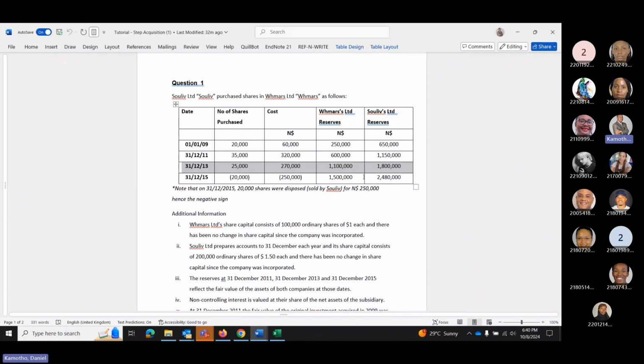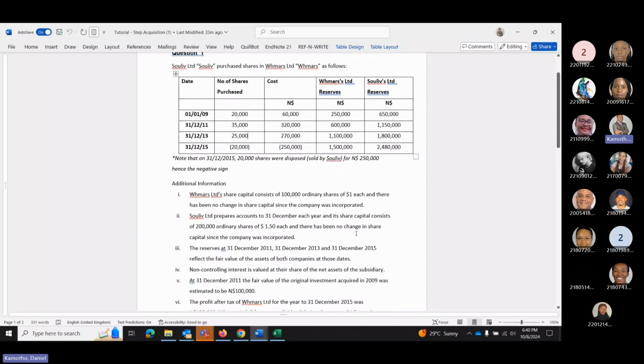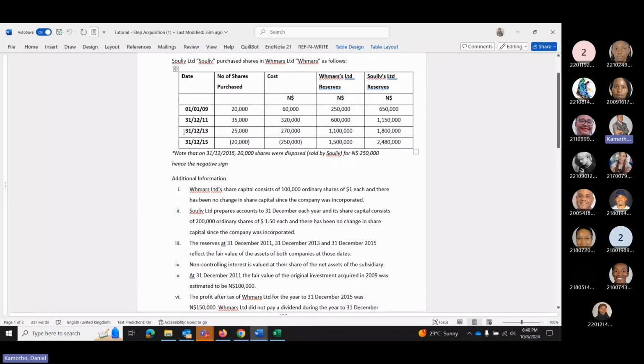On this particular day, when you are closing the books on the 31st of December, they want to acquire another 25%. So what journal will they pass here?